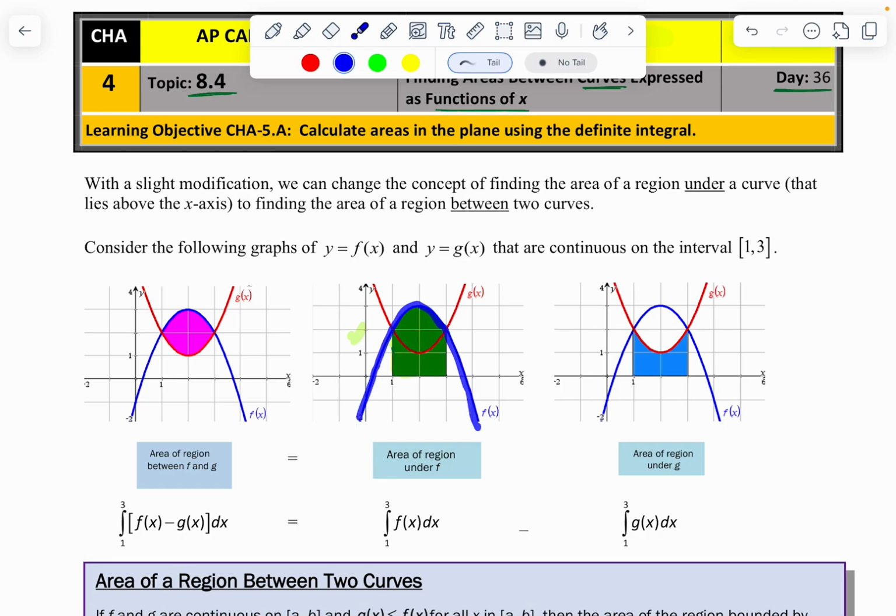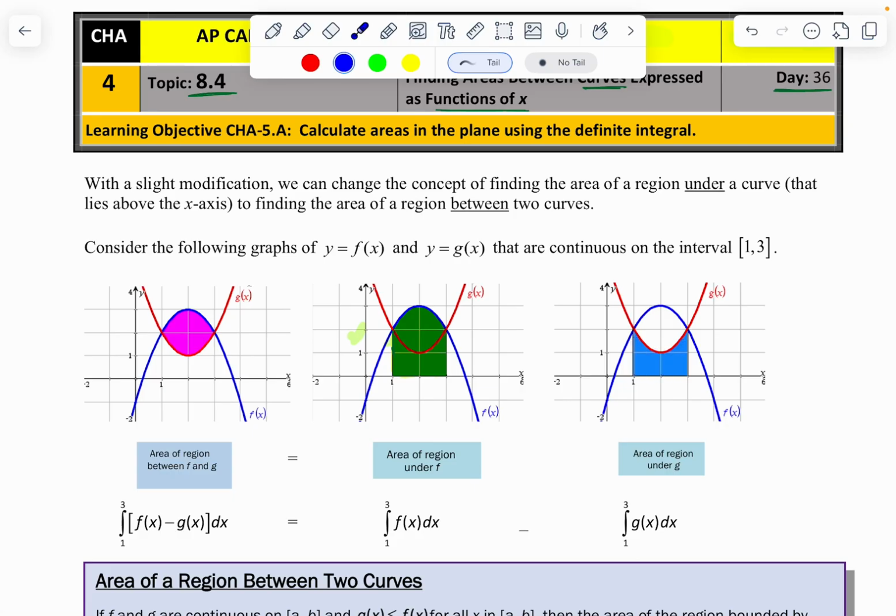When you find the integral, you're basically finding this little green section. And then if you have a curve like g of x, like this red guy right here, finding the integral of g of x from 1 to 3 means that you're finding this little blue section.